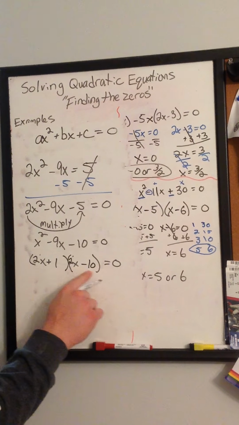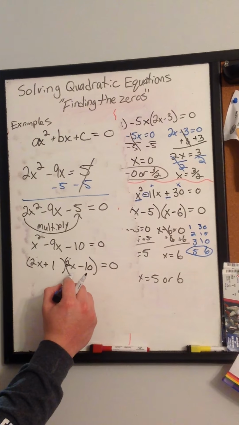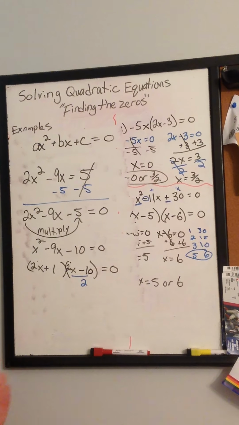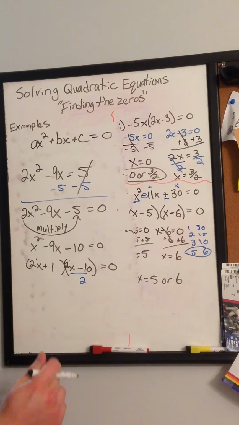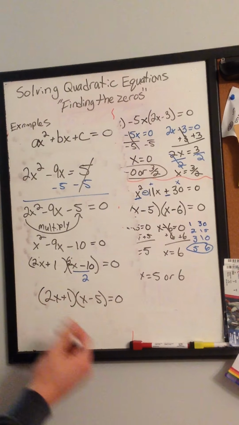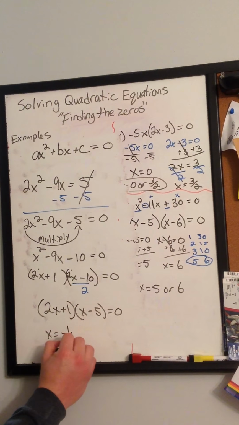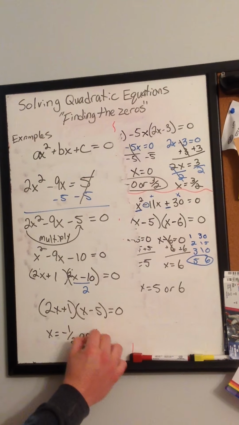Notice the 2x and the minus 10 have a GCF of 2, which is the number we need to remove. So we're going to divide that whole factor by 2 to give us our final factored form: 2x plus 1 times x minus 5, and then solve them just like we did earlier on. I'll let you refer back to the earlier steps for the work. Our final answer here is x is equal to negative 1/2 or positive 5.